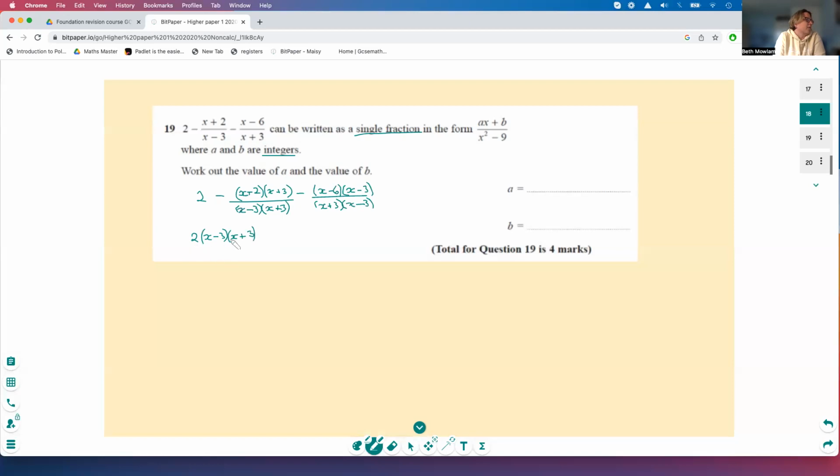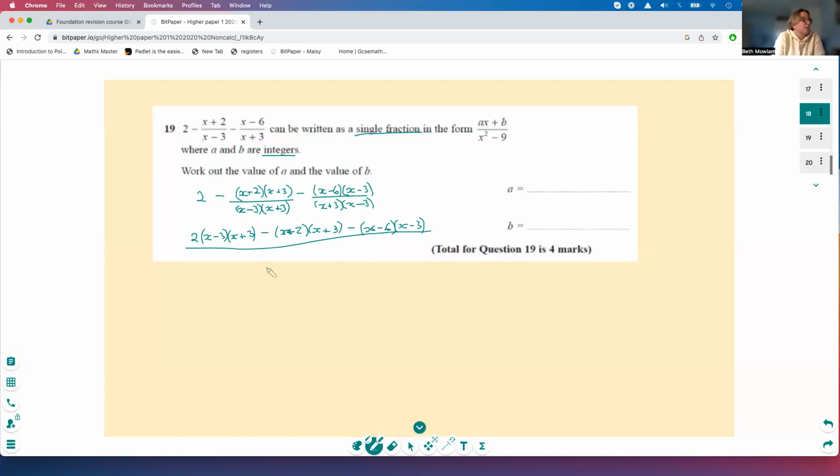Rather than write the whole thing out, this is what I've got now. x plus 2, x plus 3, minus x minus 6, x minus 3, and all of that is over x minus 3, x plus 3.